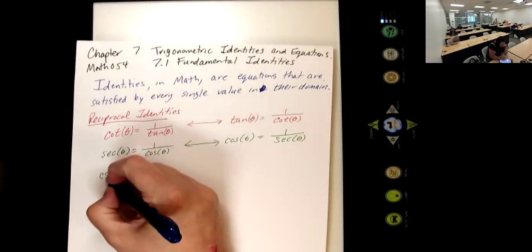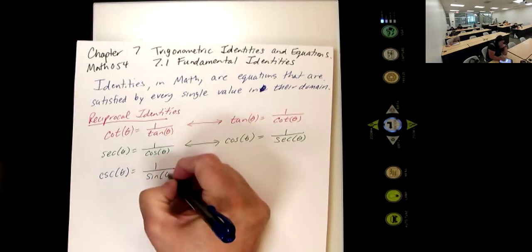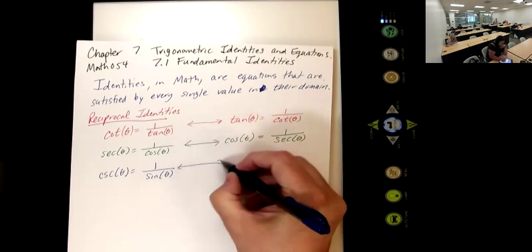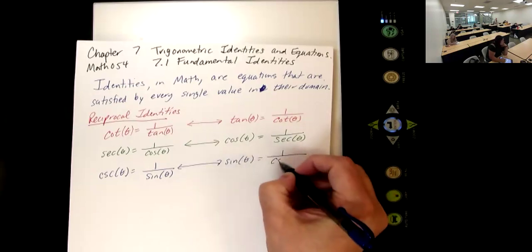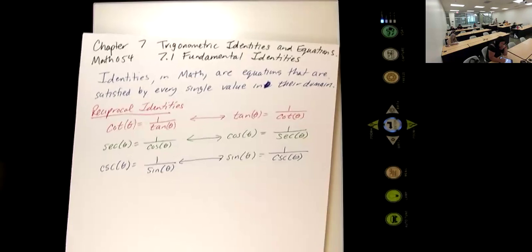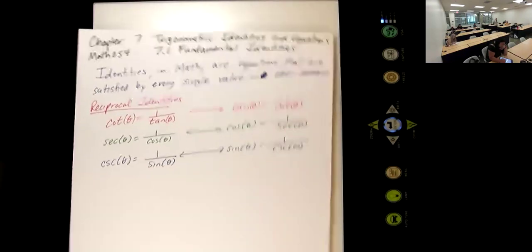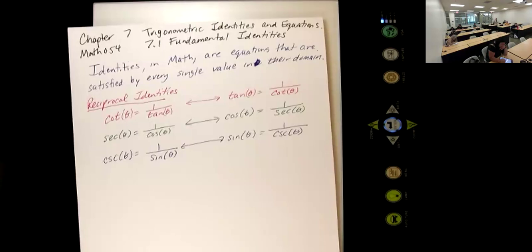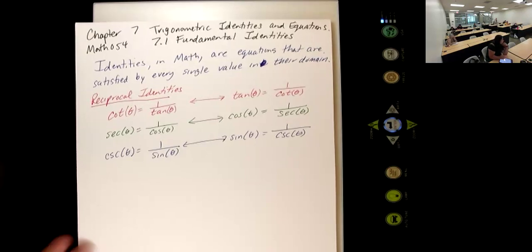And now our cosecant and its relationship to sine, they are reciprocals. Apparently, I am writing out an angle here. How awkward.